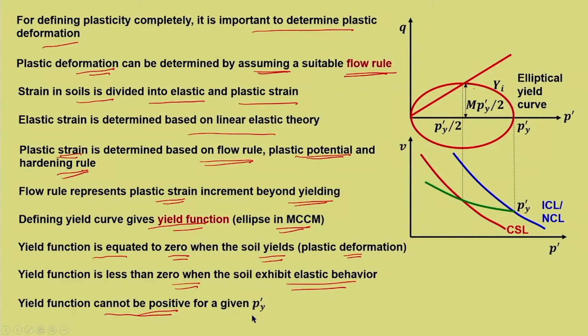Greater than 0 means either that particular yield curve is no longer valid and it goes to the next yield curve and next yield point, or if you are talking in terms of failure, it means there is no soil state beyond that. So, there is no question of yield function greater than 0. It cannot be positive for a given p dash, phi.